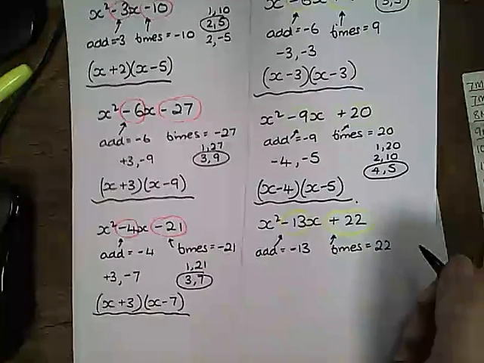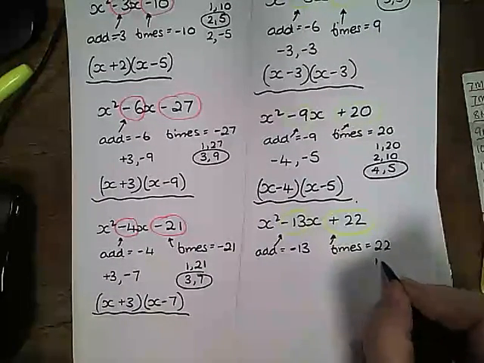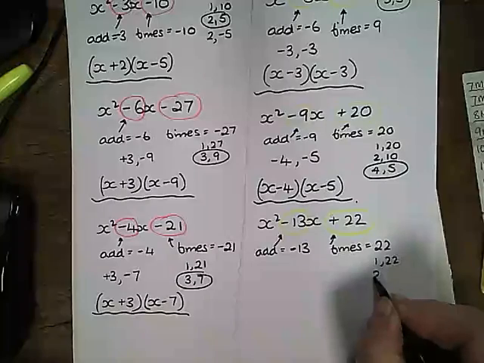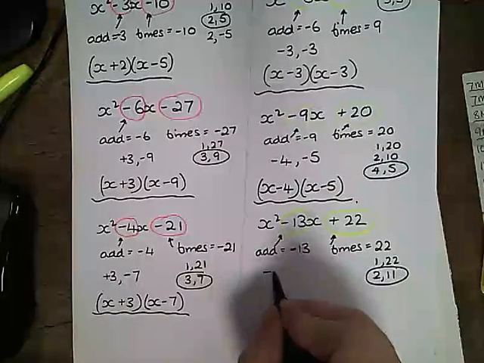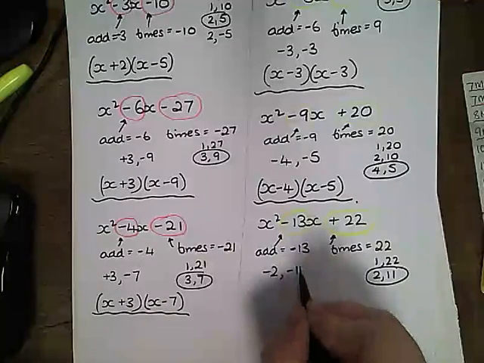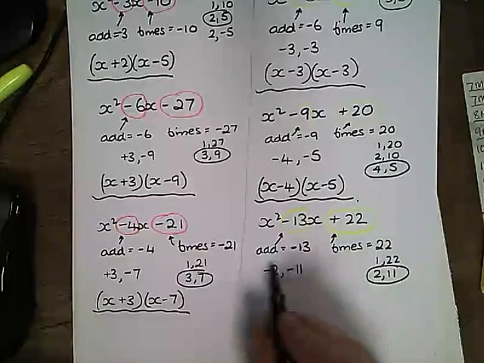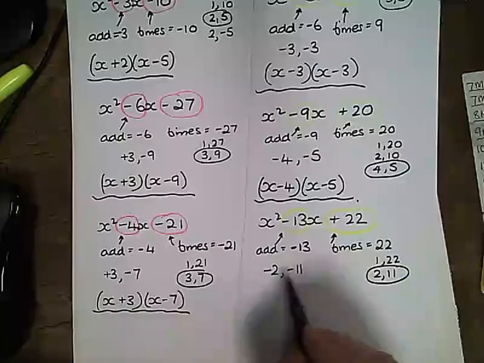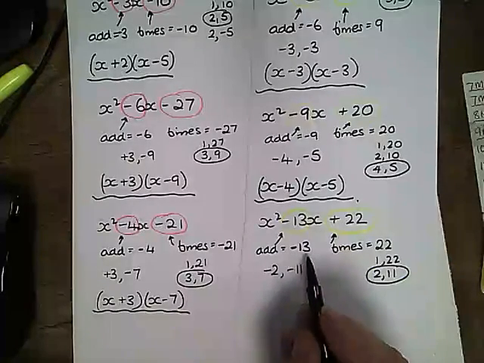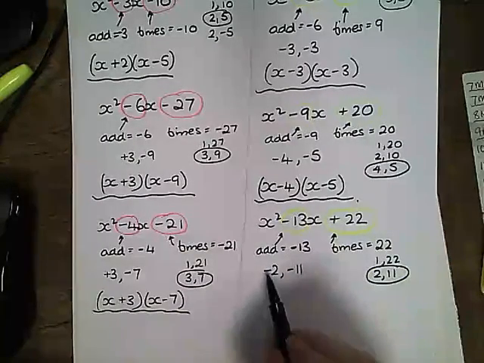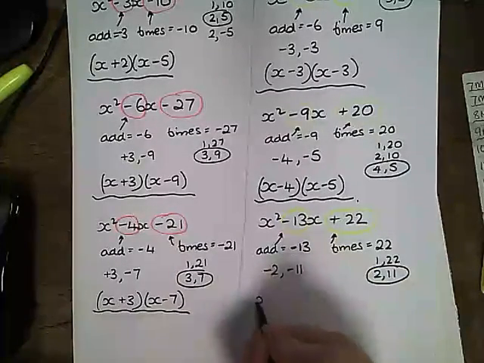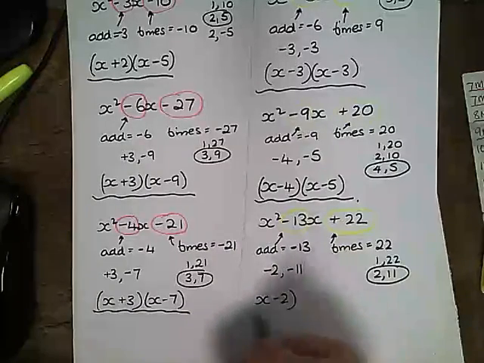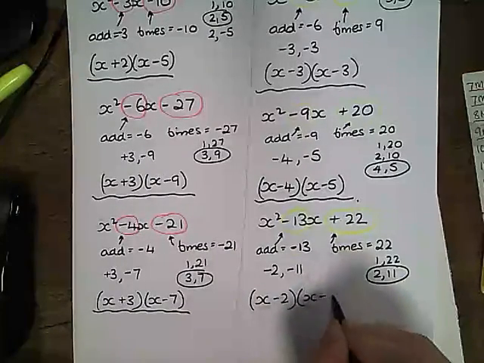So the factor pairs for 22 are 1 and 22 and 2 and 11. I'm going to choose this pair because if I make it minus 2 and minus 11, if I add those together, minus 2 add minus 11 is minus 13. If I times them together, minus 2 times minus 11, minus times a minus is a plus, and 2 times 11 is 22. So my factorisation would be x minus 2, x minus 11.